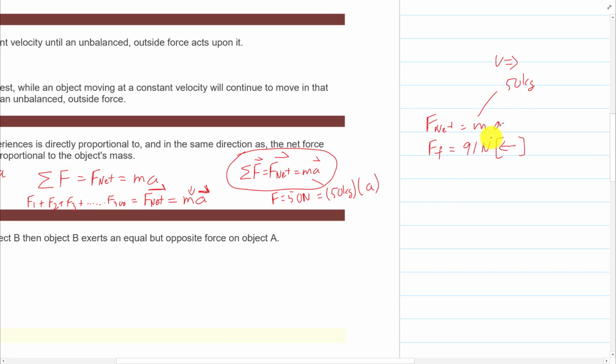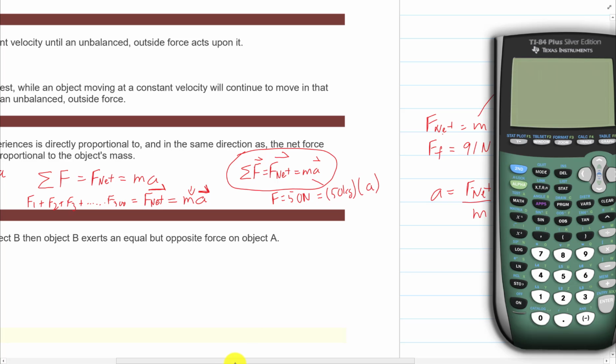So a is going to be this force, because that's the only force acting on it, no more push force. So that's the sum of the forces. So that force all over the mass. Then the net force was all the forces, which is just 91, to the left, all over the mass of 50.